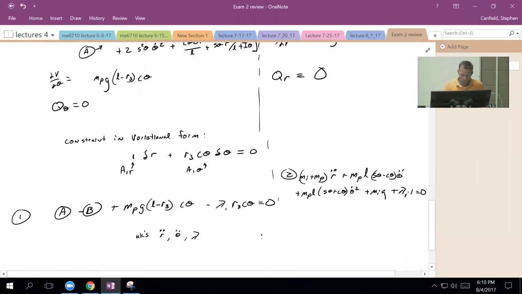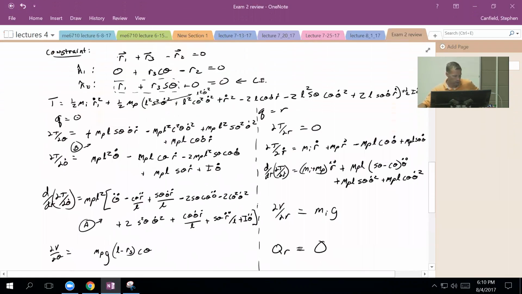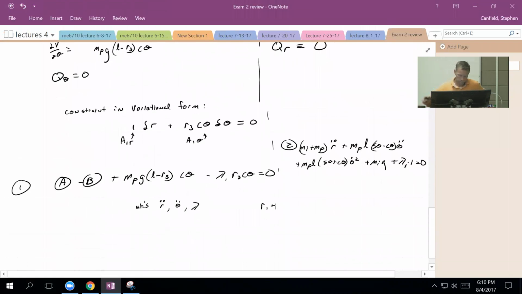So R1 plus R3 sine theta equals 0. Take the first derivative, R1 dot plus R3 cosine theta theta dot equals 0.